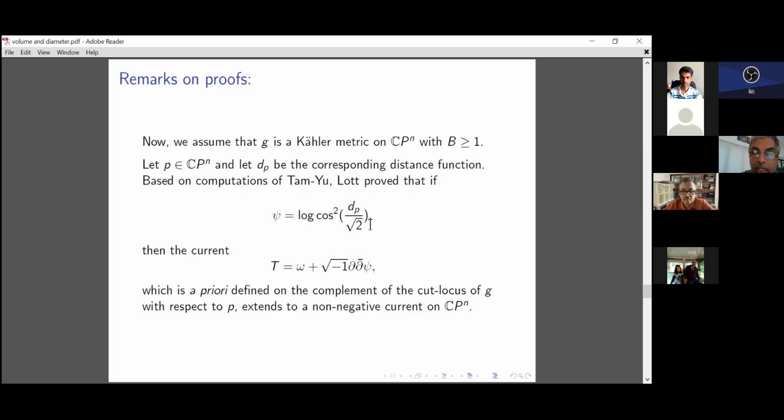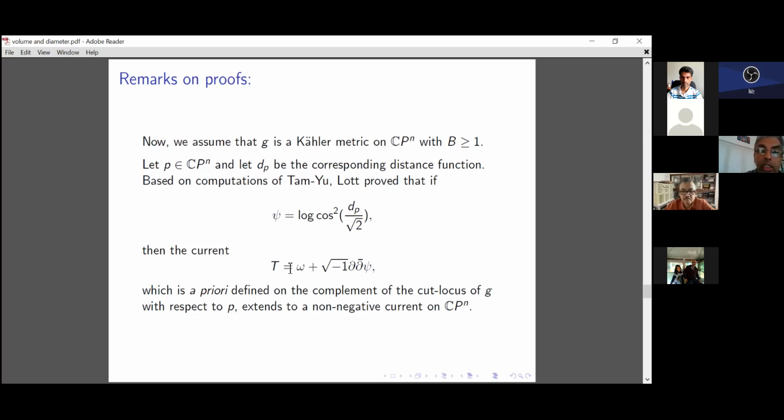But very recently, I think this year, Lott observed that if you take this specific function, log of cos squared of d_p by square root of 2, then whatever computations they had done for the Laplacian of just d_p can be recast in a very nice way as follows. You look at omega, the Kähler form, plus square root of -1 dd bar of this function c.